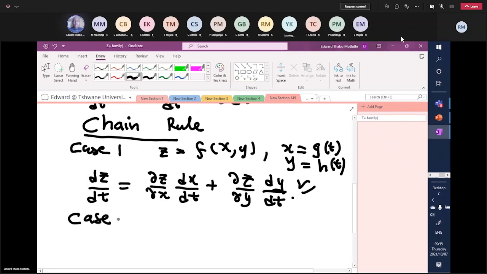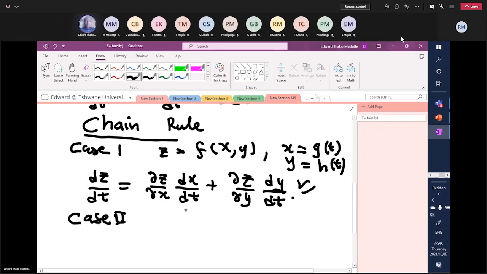Case number 2. In case number 2, we have z equal to still a function of x and y. But what changes is that x is now a function of 2 variables.